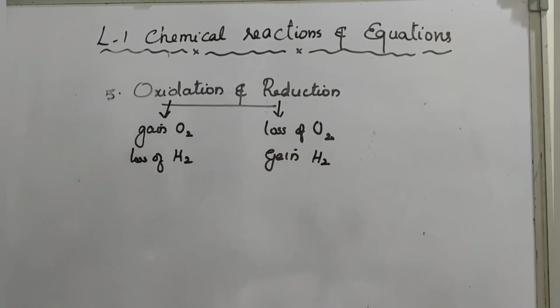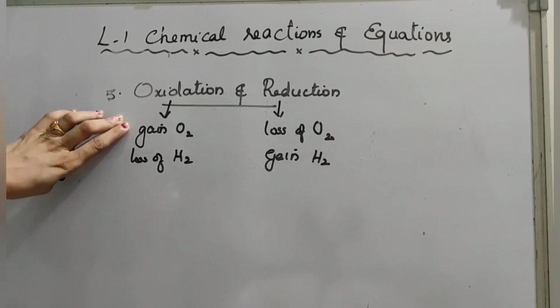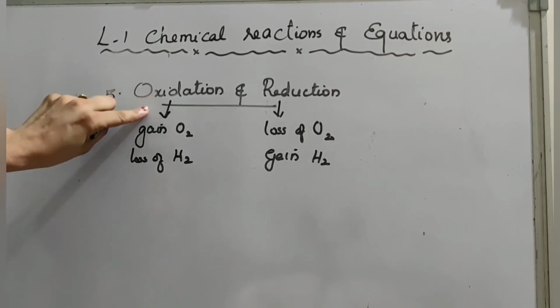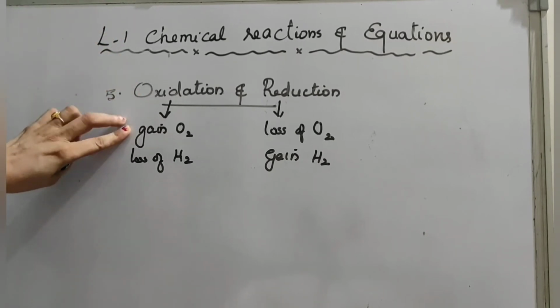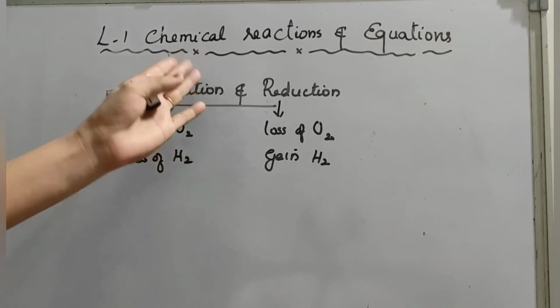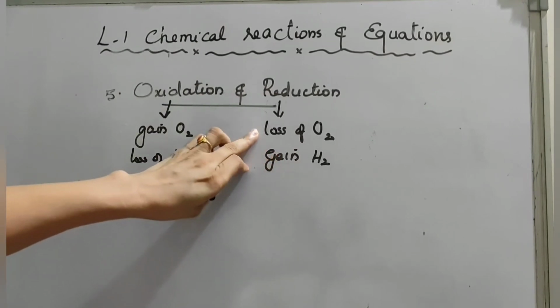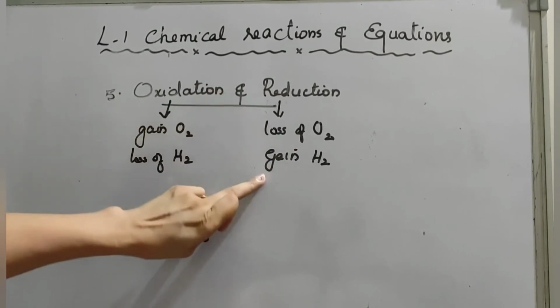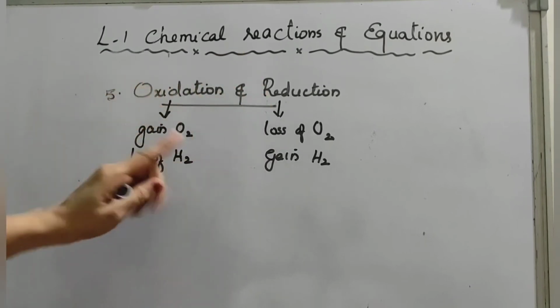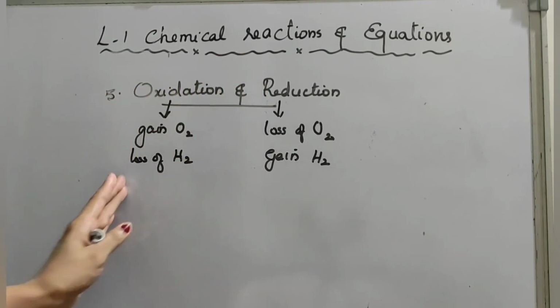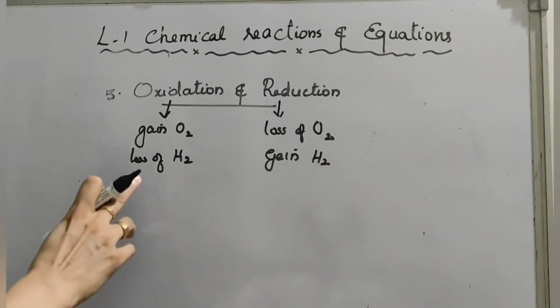So remember it: gaining of oxygen is known as oxidation. Oxy means oxygen, they need oxygen, so gaining of oxygen is oxidation. Here there is no need of oxygen, so loss of oxygen. Otherwise gain of hydrogen is known as reduction, hydrogen they are gaining, and just the opposite comes oxidation, loss of hydrogen is known as oxidation.